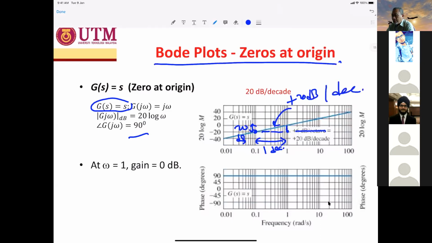Decade means 1 decade. 20 decibels means the change in magnitude from 0.1 radian per second to 1 radian per second, which is 20 decibels. That's why the slope is positive 20 decibels per decade, because the graph goes up like this. And then the phase will be 90 degrees, a straight line.